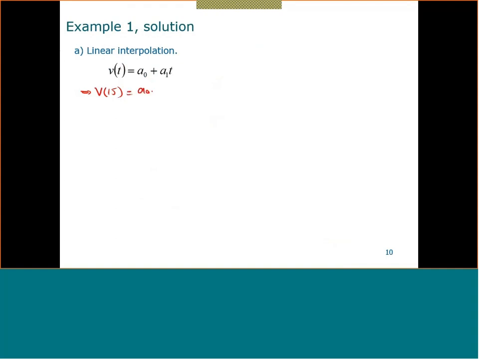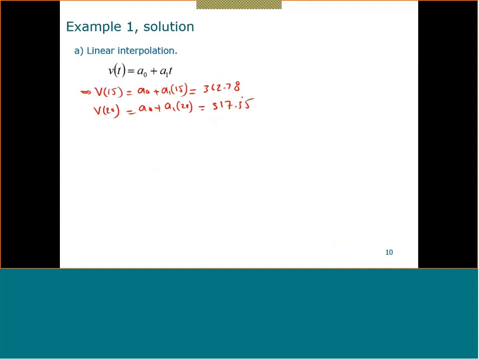I just substitute here, and I know that the velocity at this point is 362.78. And I know v at 20 at the same time, which is a0 plus a1 times 20, which is equal to 517.35. Guess what? That's what I wanted: 2 equations to solve with 2 unknowns, which are a0 and a1.